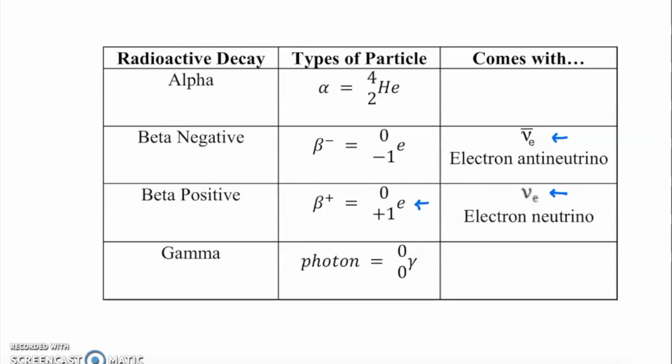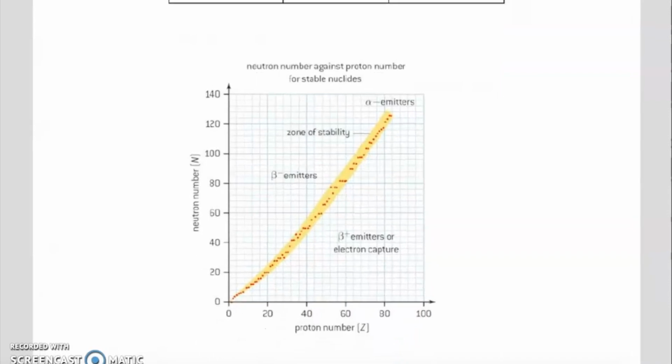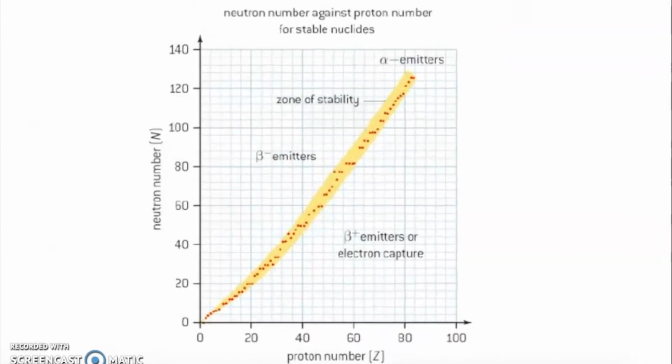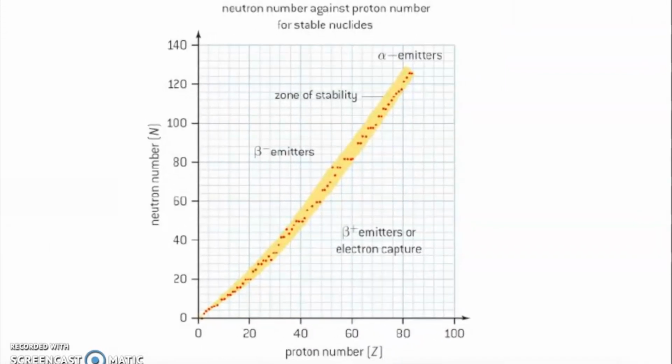We will come back to that in a few days, so for now, set those questions aside. We will get there. Now remember, all of this simply comes down to stability. Our radioactive isotopes are pushing out particles as a way of getting to a more stable isotope.